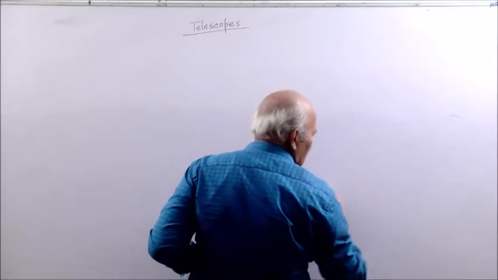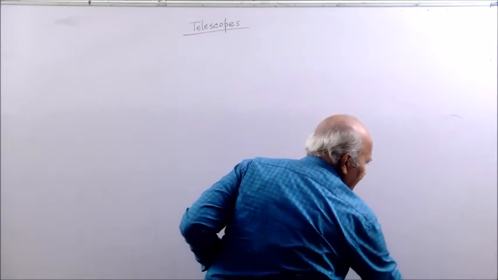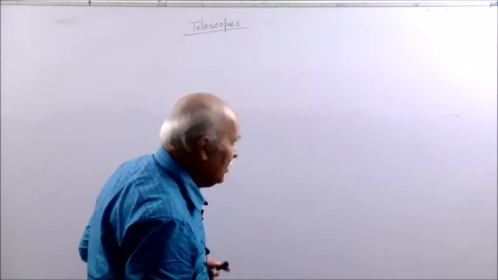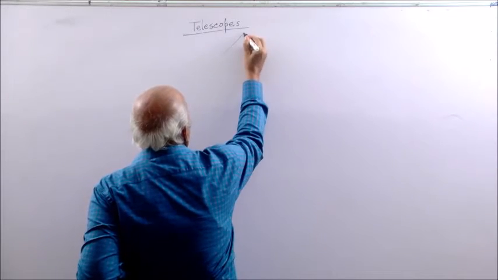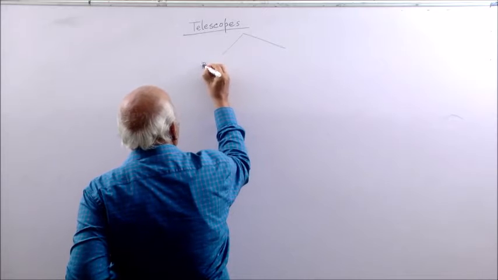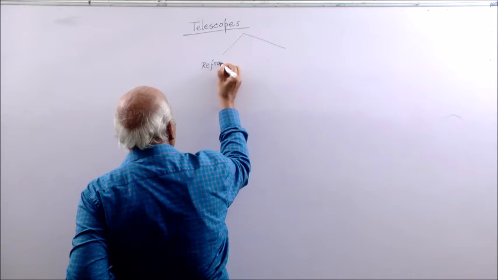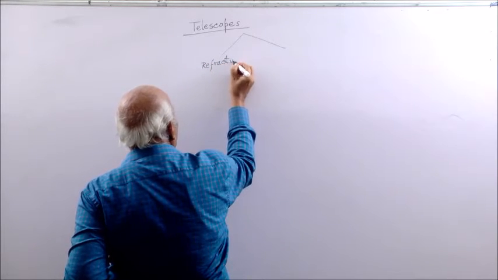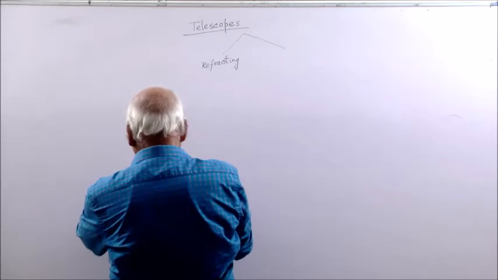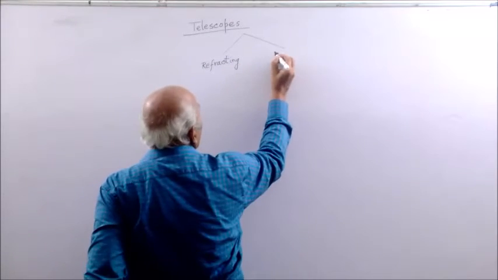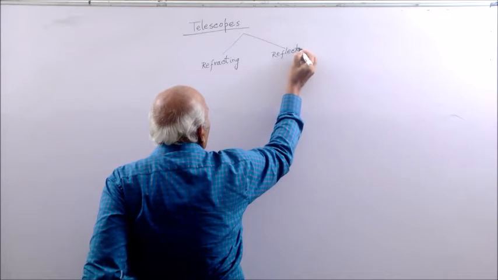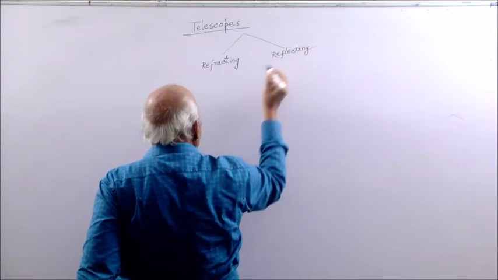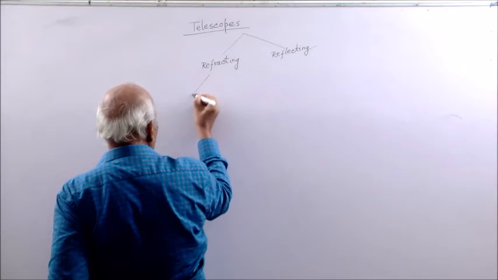And they are of two types. One is called refracting and the other is called reflecting. Refracting means lenses are used, and reflecting is where mirrors are used.